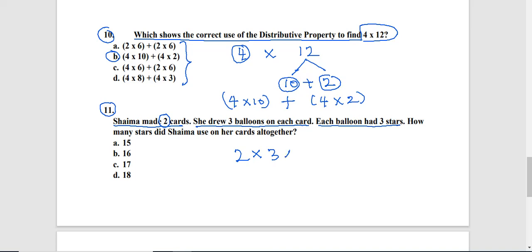So to find the total, that will be multiplied by another 3. How many stars did Shaima use on her cards altogether? So this is what we've got. We can do 3 multiplied by 3, that is 9. We bring the 2 down to multiply. 2 multiplied by 9, 18. Altogether, we have 18.